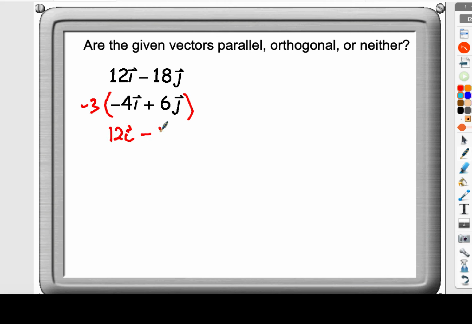And again, minus 18j. Basically, the top vector is just negative 3 times the bottom vector, and immediately I would say that those two vectors, right, are parallel vectors. They're in opposite directions, right? They're 180 degrees apart. But again, if we drew those two vectors out, they should come out parallel, right? They're traveling completely the opposite directions.